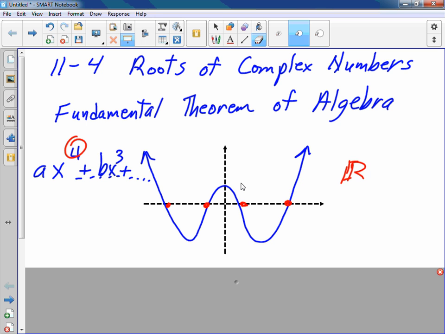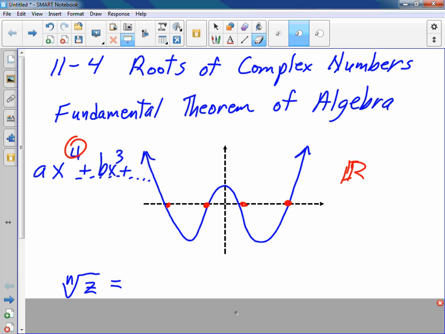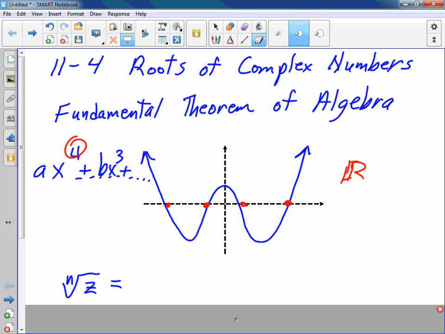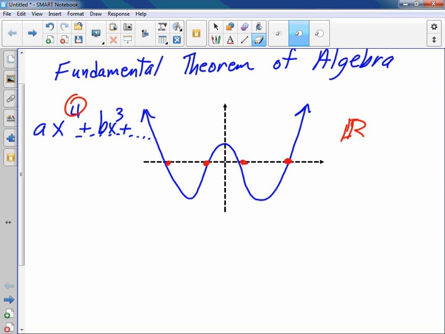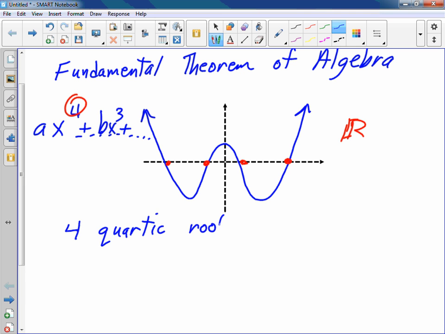So now if we take that same fourth degree polynomial, we're going to say that it has four quartic roots, just that some of them may be real and some of them may be non-real, and that's okay.